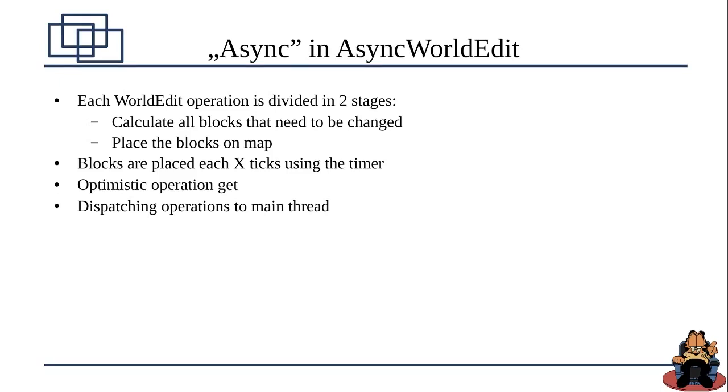Each time the block placer is run by bukkit, it takes some amount of blocks from a global queue and places them on the world. The number of blocks that are placed on the world differs because the block placer is constantly checking how much time it already spent on the main thread, and if it detects that it has spent too much time, it's going to stop placing blocks.